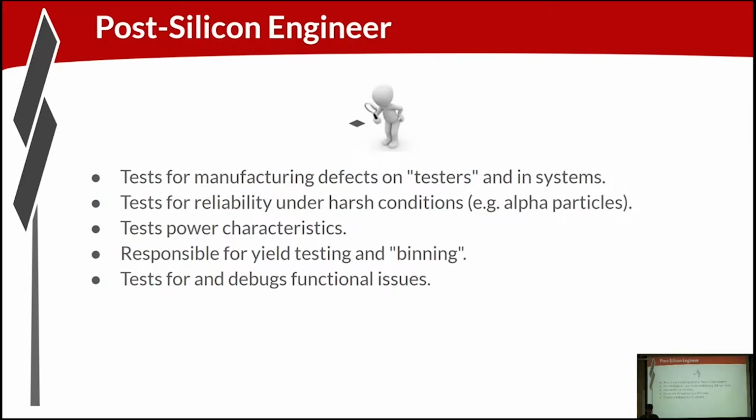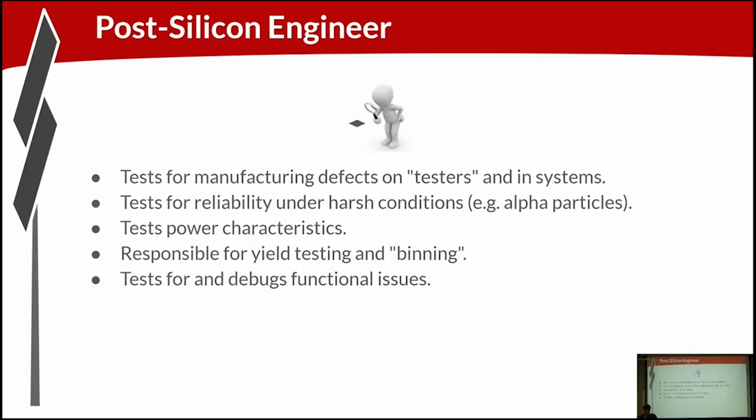Post-silicon, you're also going to test for reliability concerns, putting this chip under harsh conditions. You'll send it over to Los Alamos Labs, which is high elevation and tends to get a lot of radiation and activity, particle strikes coming from the atmosphere that can cause mischief on the physical silicon. And simulated harsh conditions in labs.